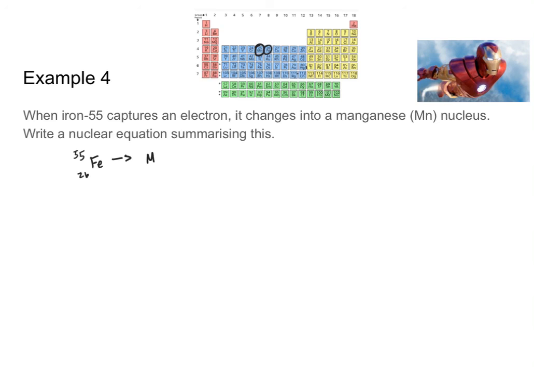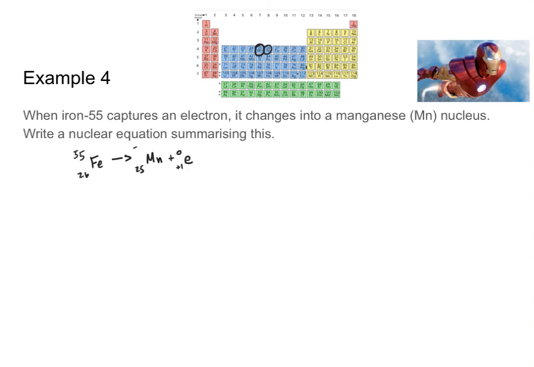That iron is going to turn into manganese, which has an atomic number of 25. And we know then that this must be positron decay, positive beta decay. So we're going to have a positron that's going to be released with an atomic mass of 0.